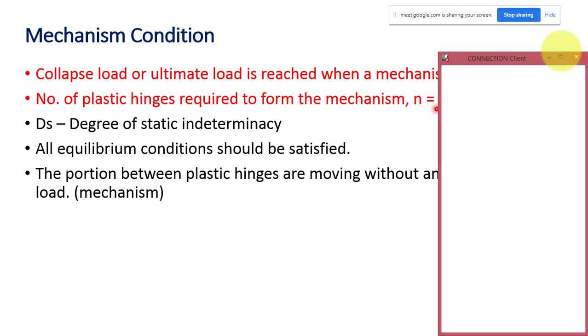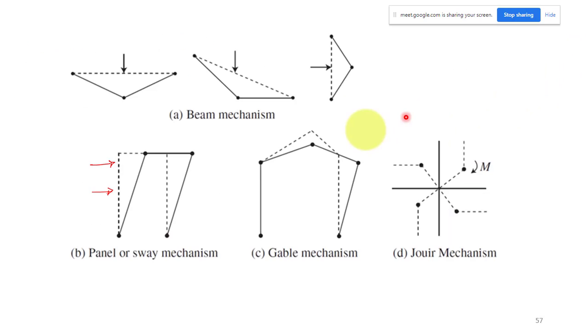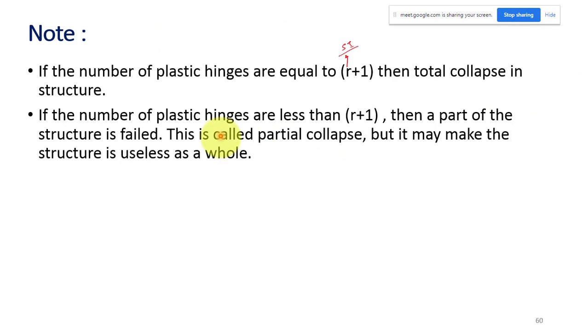We can call that a partial collapse. The structure has failed partially. There is no collapse of the structure as a whole, but even that part of the structure being collapsed may make your structure useless as a whole.